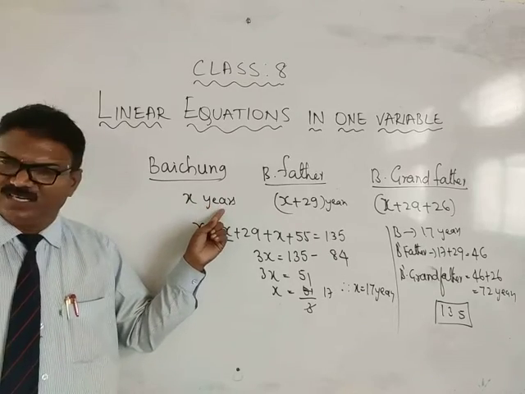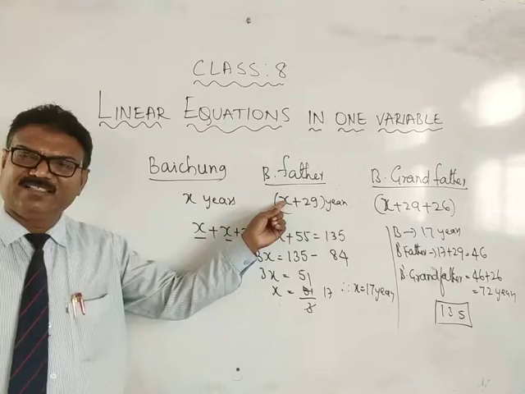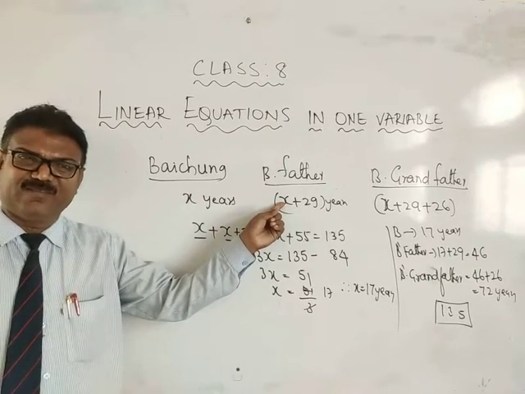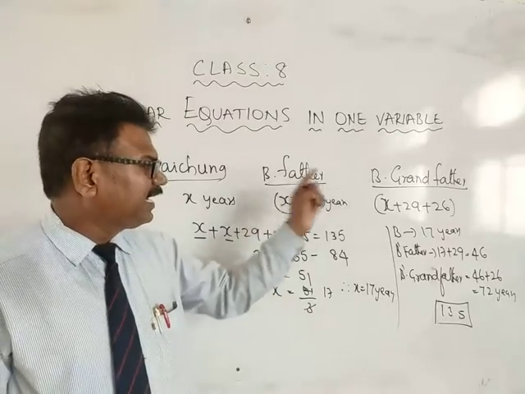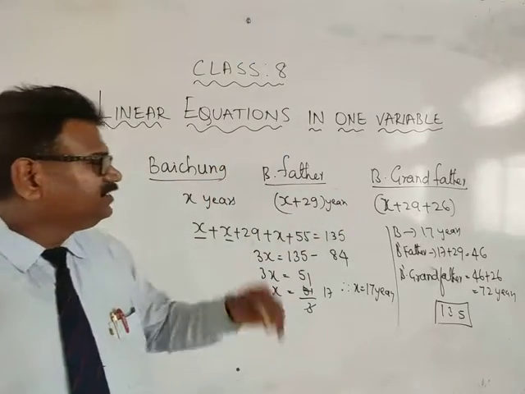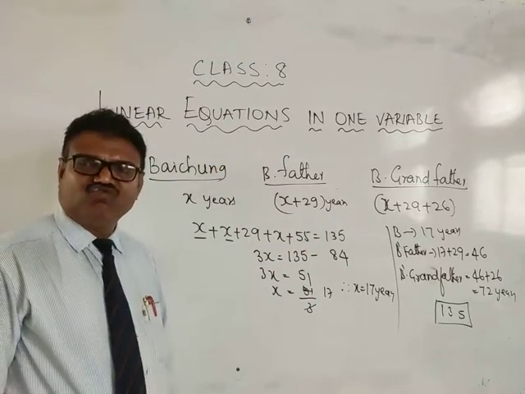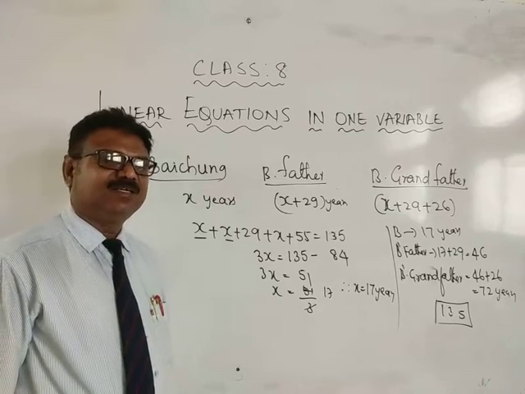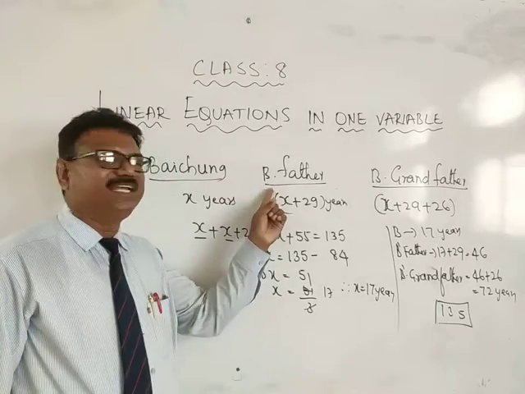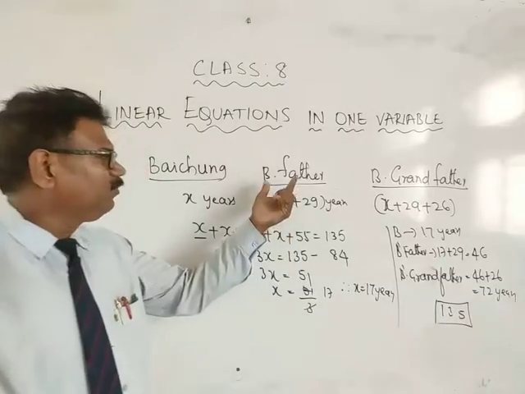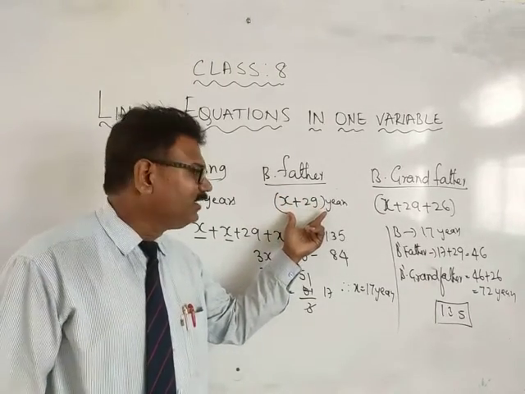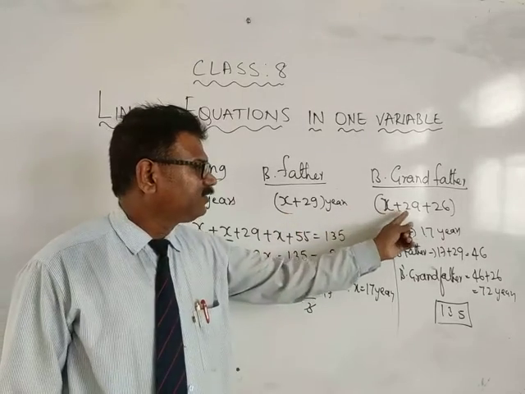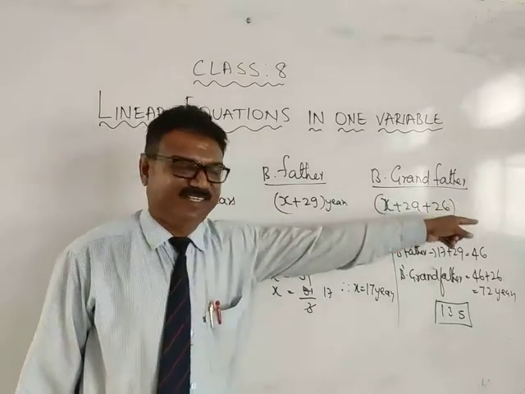So x years. 29 years elder. Elder means more or less? Yes, more. Therefore x plus 29 years. Again, Baichang's grandfather is 26 years older than Baichang's father. So what about the father's age? X plus 29. Now elder means plus only. Therefore x plus 29 plus 26.